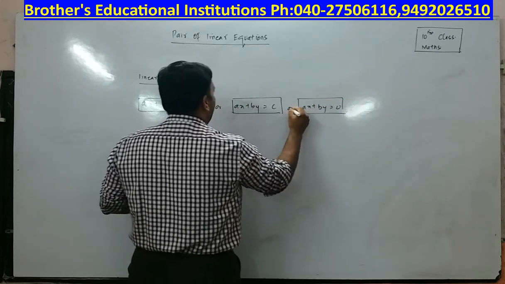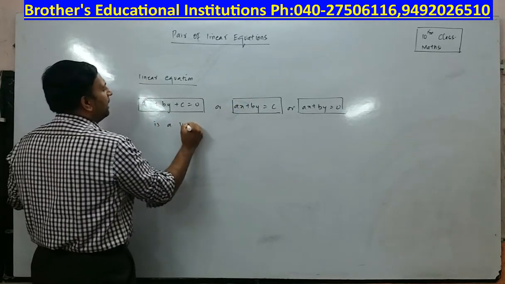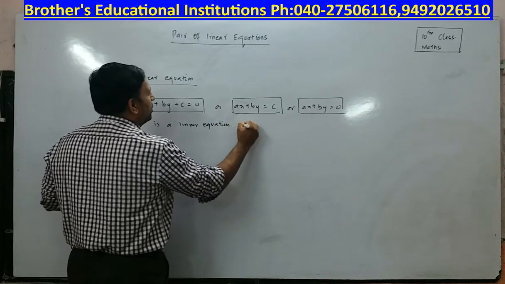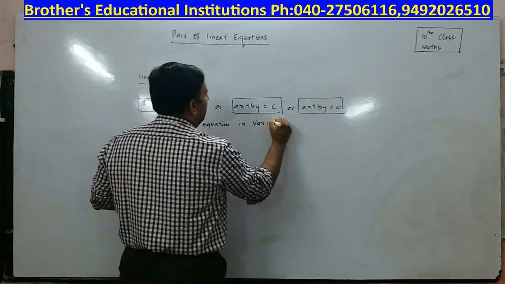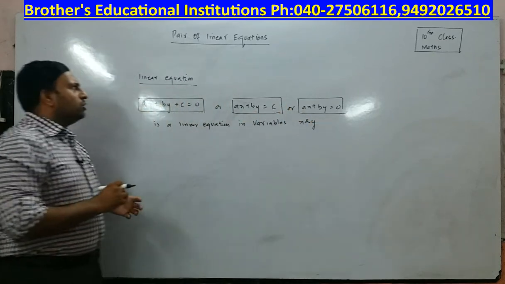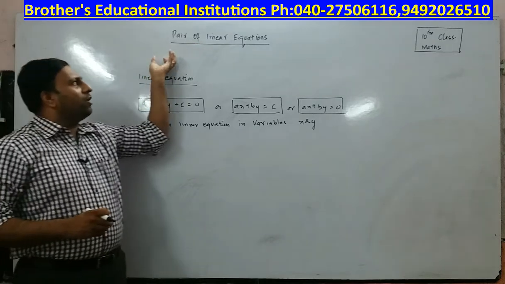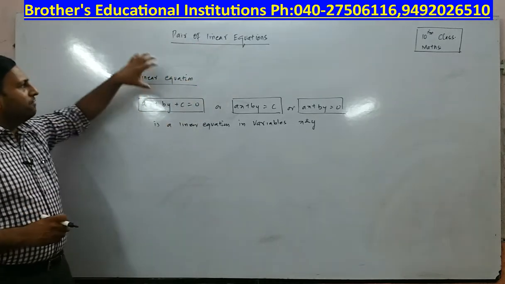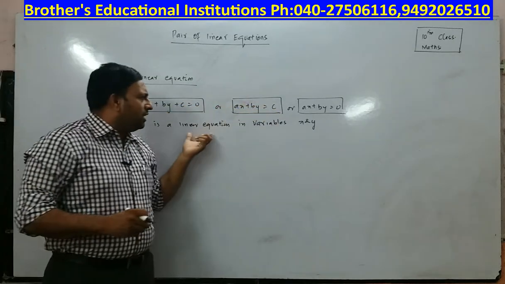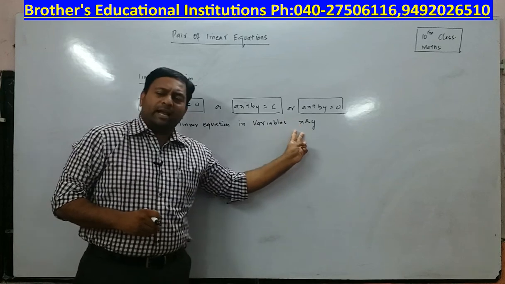Any equation of the form this or this is a linear equation in variables x and y. Before I move to the pair of linear equations, first I'll go to the linear equation. Any equation of the form this or this is called a linear equation in two variables x and y.